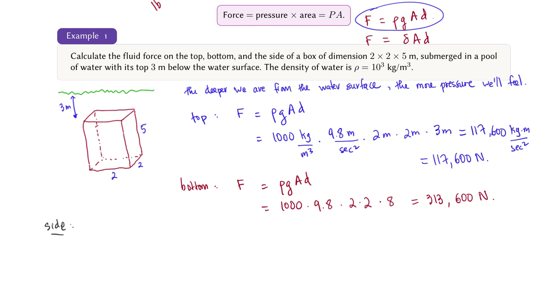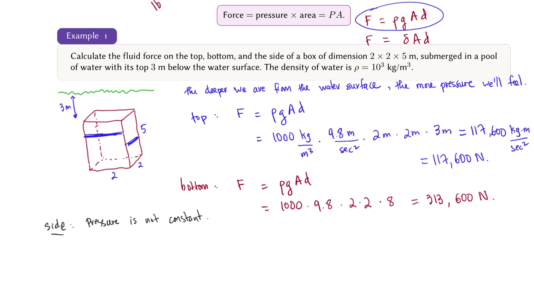For the side of the box, the pressure is not constant because points on the side do not have the same depth from the water surface. As is the case in calculus, we're going to slice the side so that at any point on the slice, the depth from the water surface is constant.